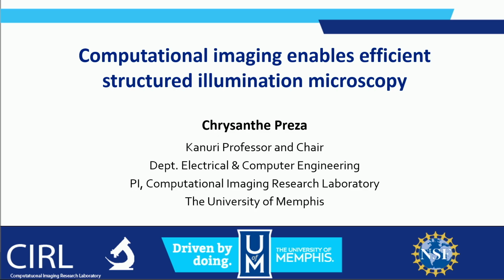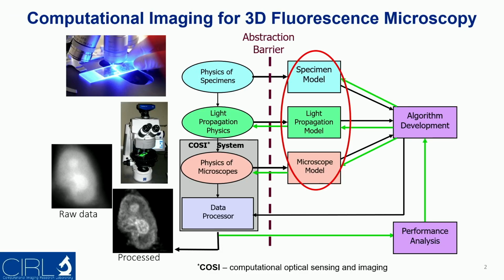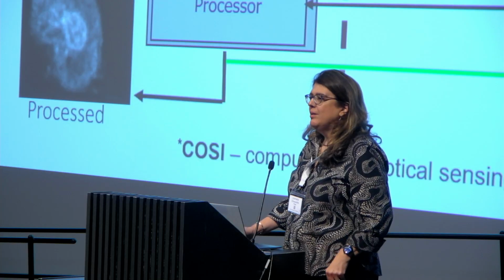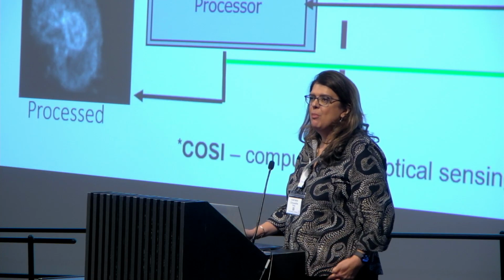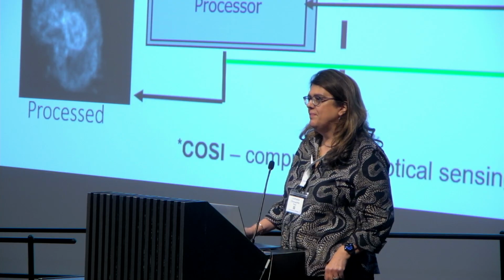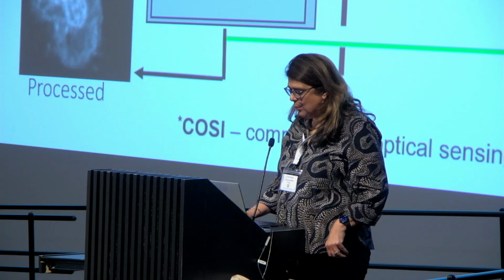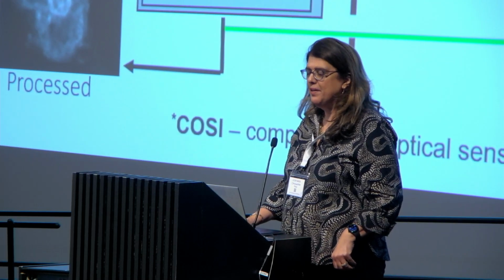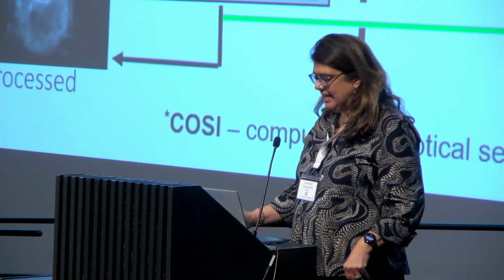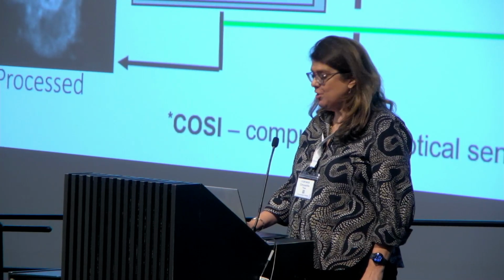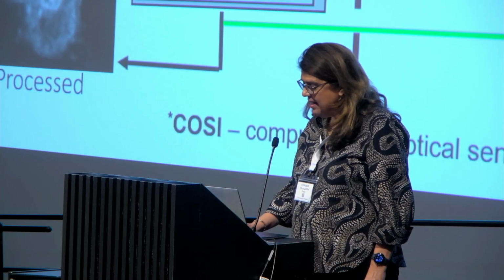Great. Thank you very much for the kind introduction. Computational imaging for 3D fluorescence microscopy. In our work, we focus on developing imaging models to abstract the physical phenomena that take place to create an image. And then we use those as abstractions to develop algorithms to process the data and get more suitable images for applications with higher resolution and contrast.